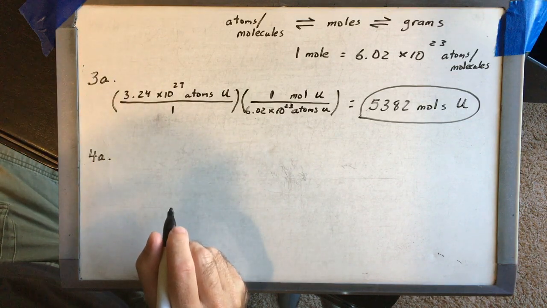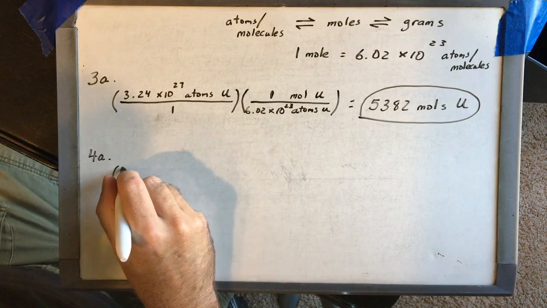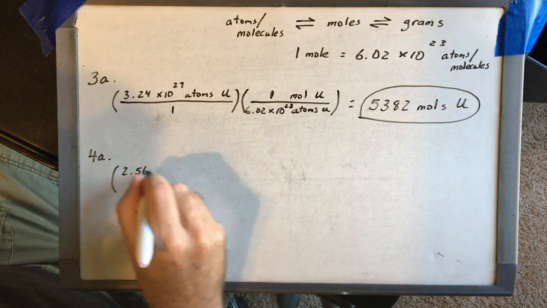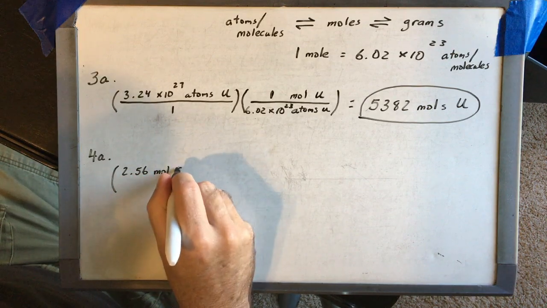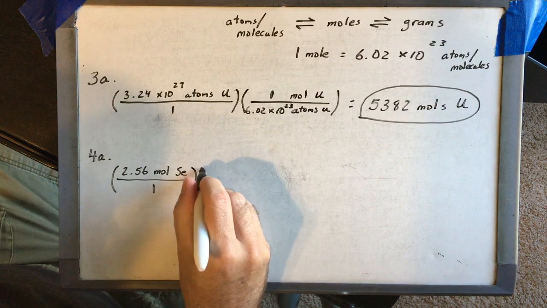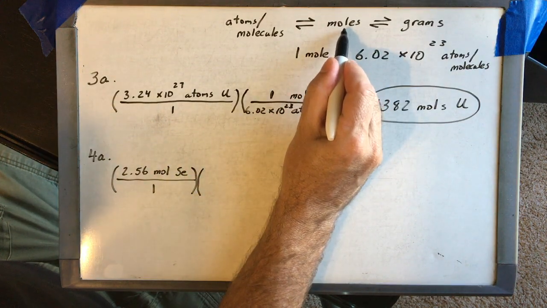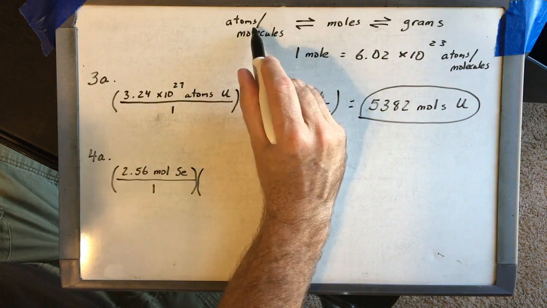So 4A says how many atoms are in 2.56 moles of selenium? All right, 2.56 moles of selenium. Put that over 1. Well, we're starting here at moles. We're just going over one space to atoms.